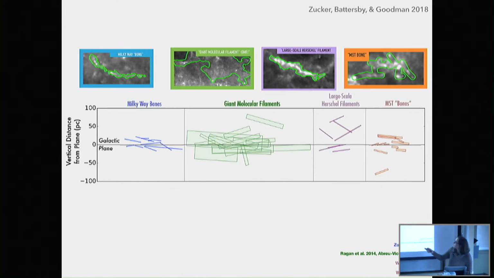So all of these filaments were analyzed using the same pipeline. And so you can see Nessie is right here. And then this sample over to the left, these are the Nessie analogs that our group found a few years ago. And we called these filaments the Milky Way bone sample because we think they could have potential for tracing out the major structural skeletal features of our galaxy.